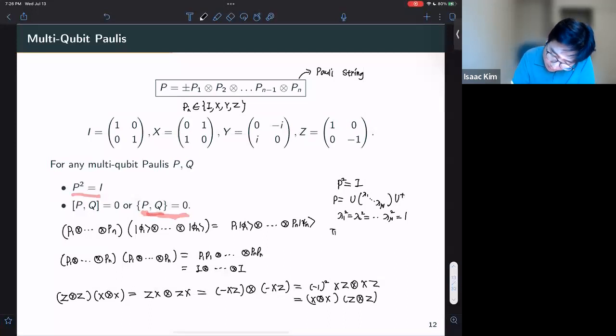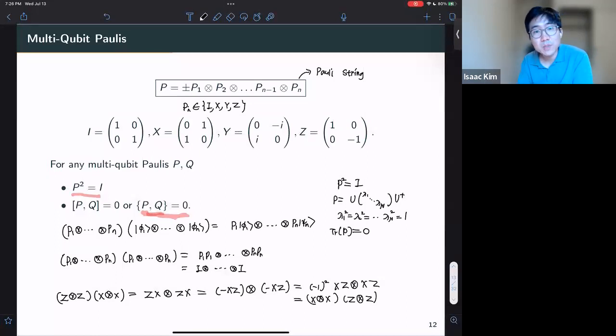But the thing is, the trace of P is equal to 0. And why is that? It's because I'm assuming that P is not an identity. Think about the definition of the trace. You sum over some basis state of your choosing, and the basis state I'm going to choose is simply the tensor product basis state.